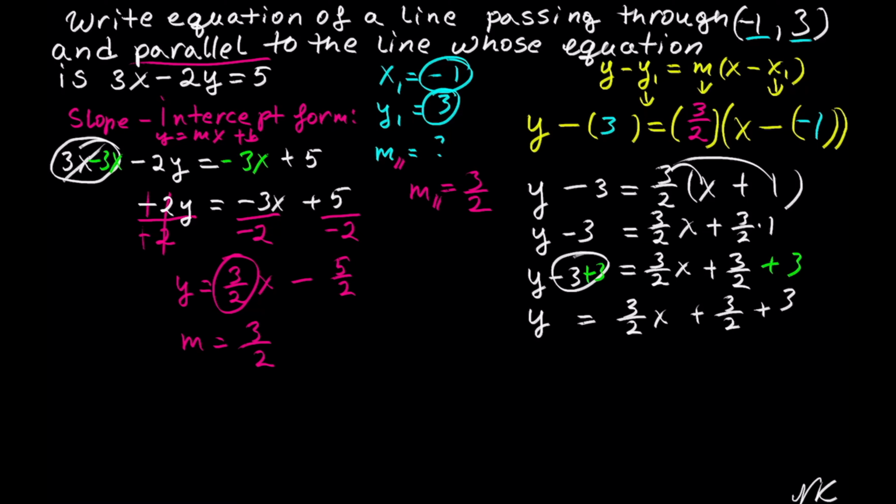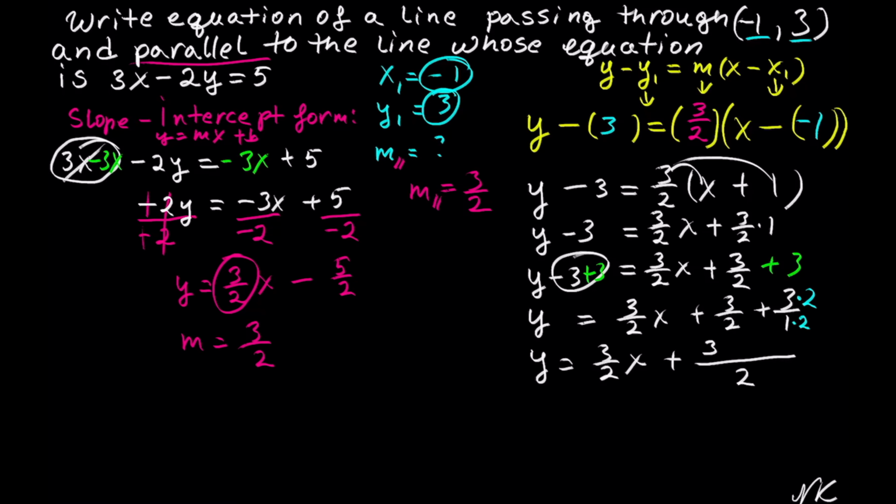3 out of 2 plus 3, we need a common denominator. 3 is 3 out of 1. Common denominator of 2 and 1 is 2, so whatever we multiply the denominator by, we multiply the numerator by the same thing, so 3 times 2, and we get y equals 3 out of 2x plus common denominator 2.